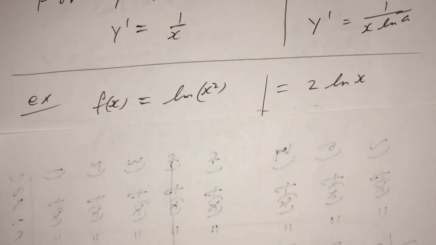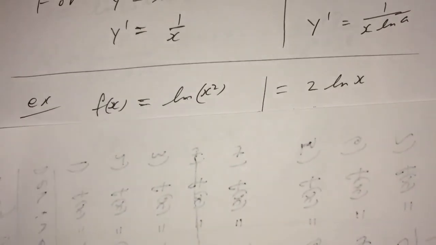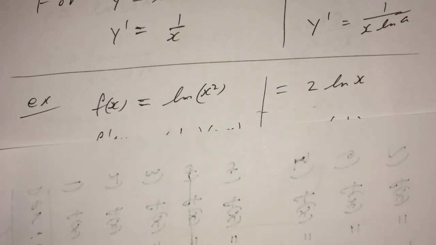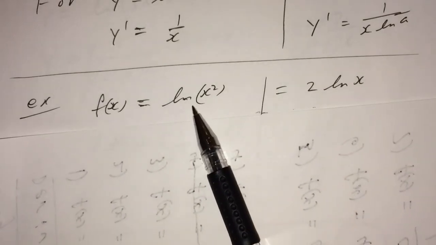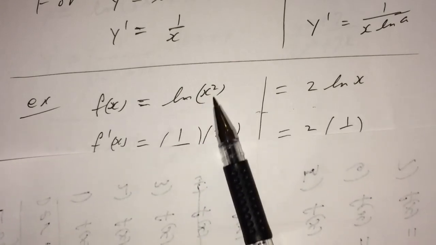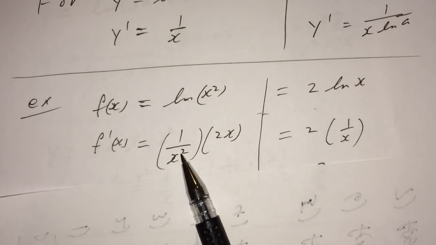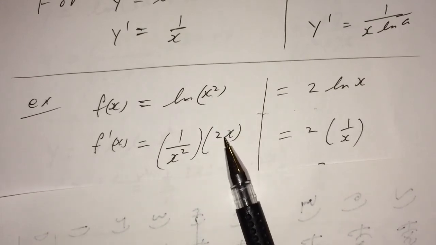So some examples here. For f of x equal to ln of x squared, let's go straight down here. The derivative is going to be 1 over x squared times the derivative of the inside, which is 2x.